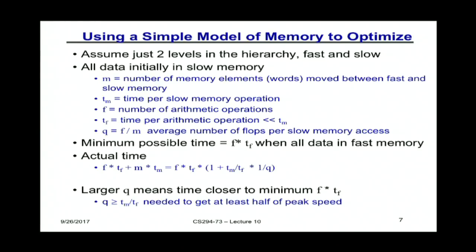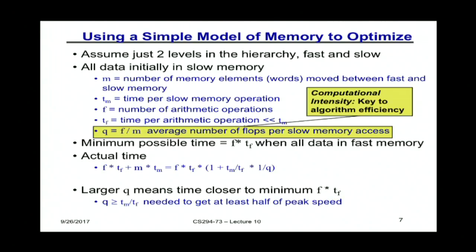One of the important things in this model is the ratio F over M, which we call Q. This quantity is very important. It is the average number of flops per slow memory access, and we will see that this is actually the most critical component in determining the actual speed on a real machine.